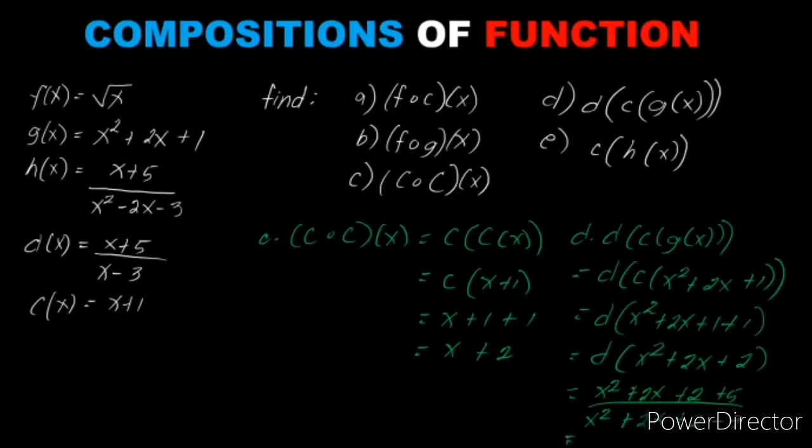So, simplify natin siya further. So, dito na lang natin ilagay yung sagot. So, we have x squared plus 2x plus 7, because 2 plus 5 is 7, divided by x squared plus 2x minus 1. Ayan, so ito yung sagot natin sa letter D.